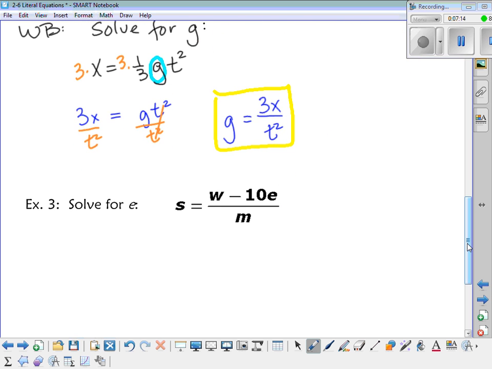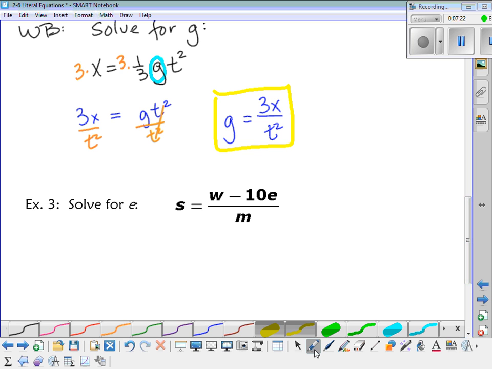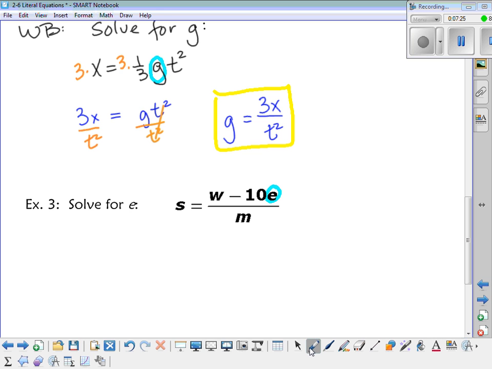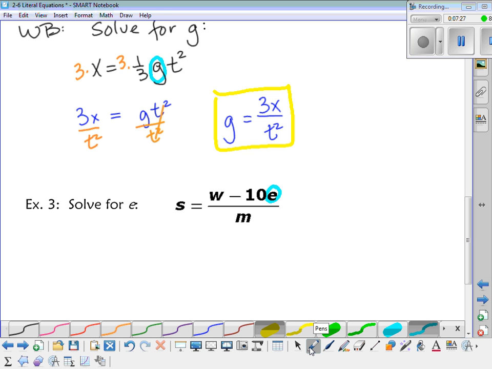We've got another example for the notes. In this one, we've got S equal to W minus 10E all over M, and we're going to solve for E. The first thing you want to remember is that a fraction bar is considered a grouping symbol.